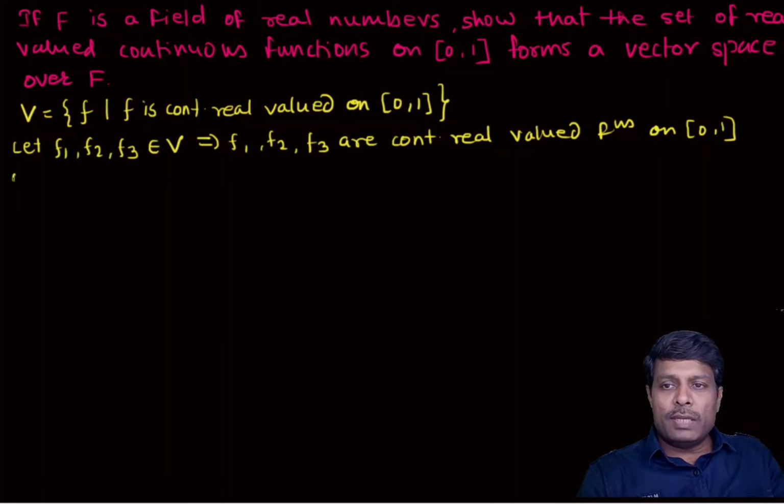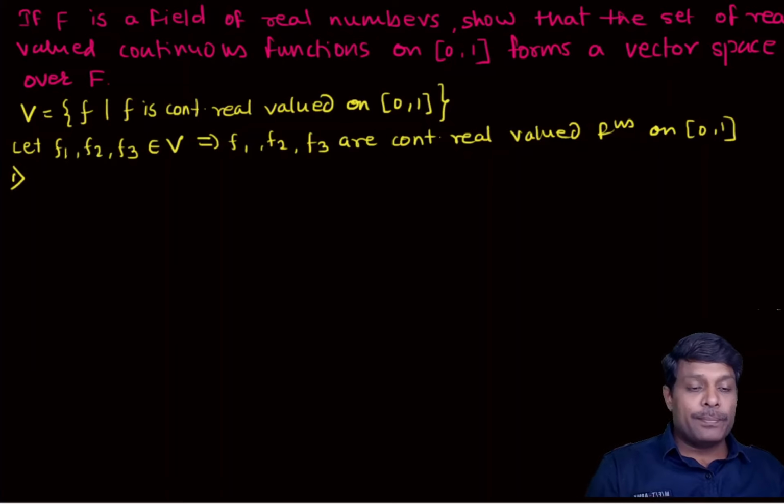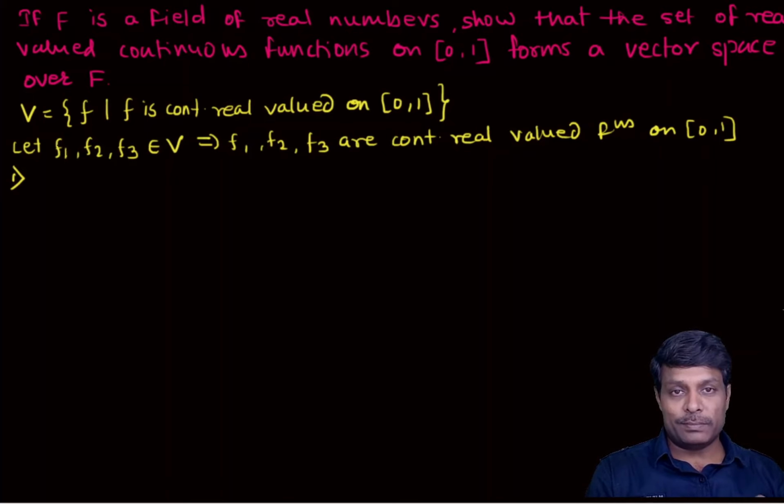Now number 1 is the closure property. How can we show it? We know that the addition of 2 continuous functions is again a continuous function on the same domain. Here the domain of f1, f2 is the unit interval, and therefore if we add f1 and f2, its domain is also the unit interval.